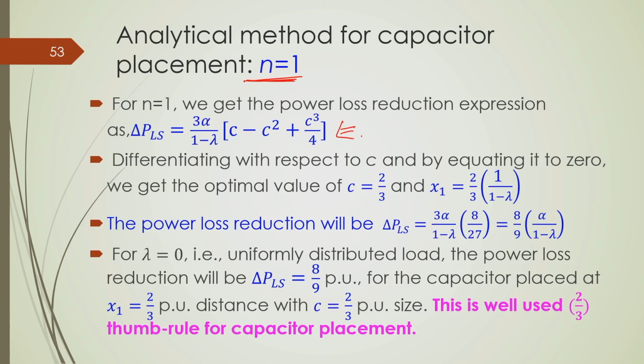Now, this is a function of only lambda and c. Differentiating with respect to c gives you the optimal value of c, the optimal compensation you require to get the highest power loss reduction, and this happens at x1 equal to this.